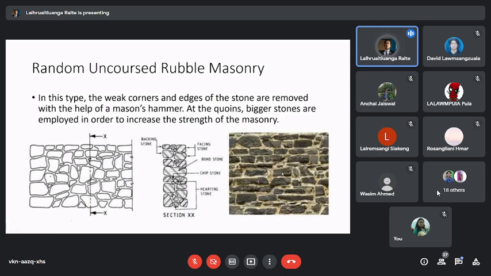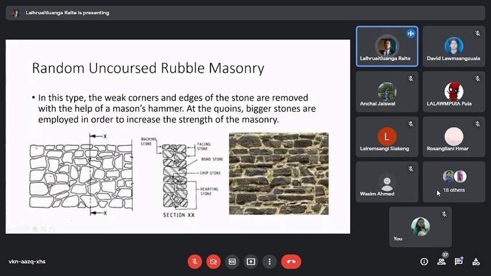There can be another one which can be uncoursed rubble masonry as well, wherein it would mimic something a little bit like this on the drawing on the left. However, even in this, it is always safer to have an edge where, like it is saying here, the weak corners and edges of the stone are removed with the help of a mason's hammer. And the quoins, so the quoins is this part, the quoins is the edge.